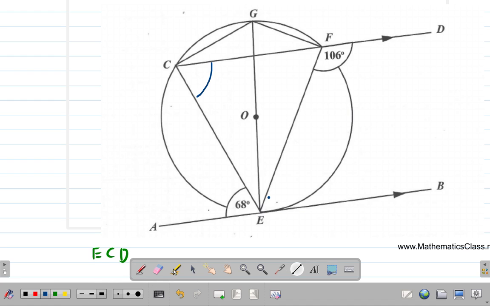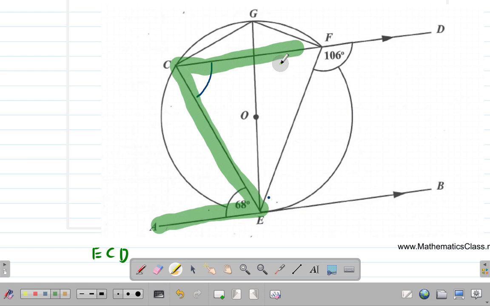If you look at the angles here, you can see they are alternate angles, or some people might call them Z angles.